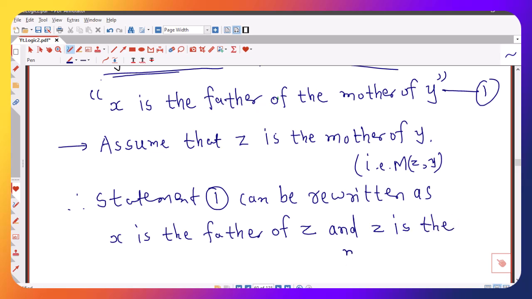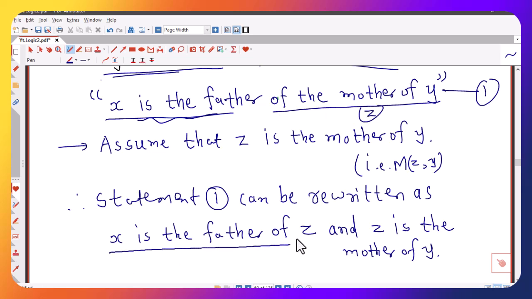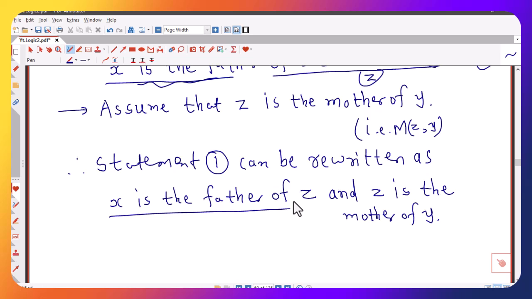We have assumed that z is the mother of y and x is the father of the mother of y. Mother of y is z, that means x is the father of z, that we have written here, and z is the mother of y.